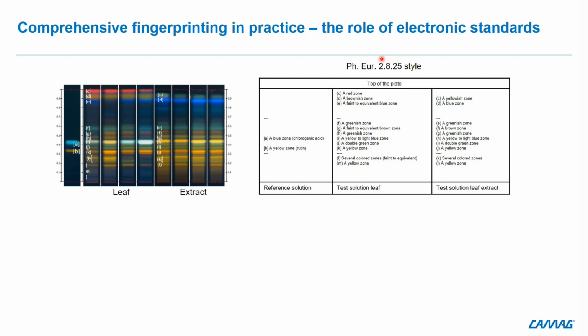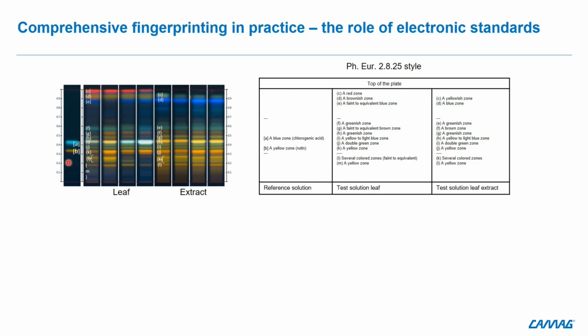The general chapter 2825 introduced the concept of intensity markers to semi-quantitatively interpret an HPTLC chromatogram. Our result table gives the information about the zones that must be detected in a sample and their color and intensities, faint or faint to equivalent, in comparison to the intensity of the markers.